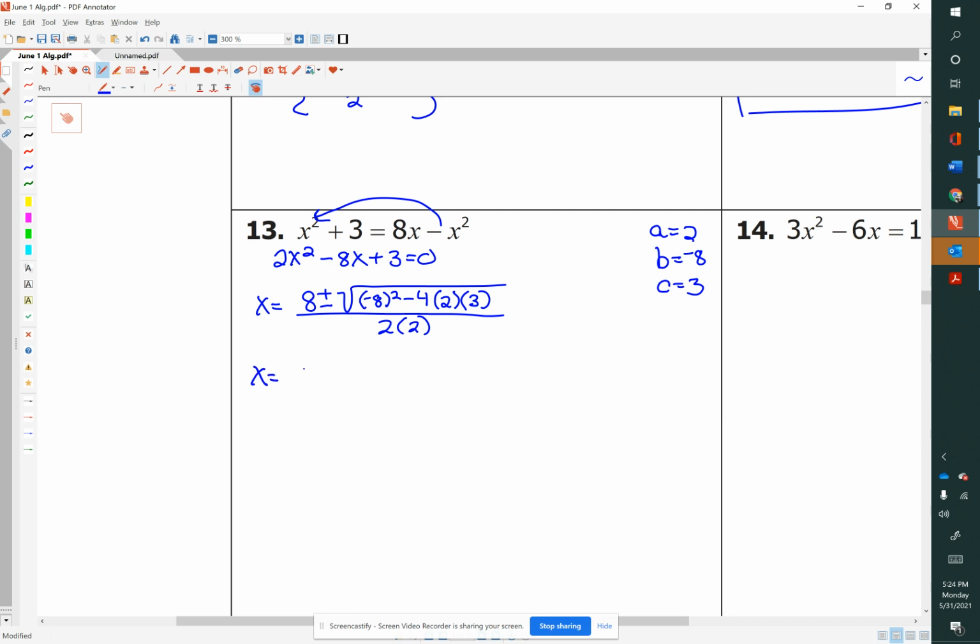And we'll begin to simplify. So negative 8 squared is 64. 4 times 2 times 3 is 24. So 64 minus 24, divided by 4. So we have 8 plus or minus the square root of 64 minus 24, which is the square root of 40, divided by 4.